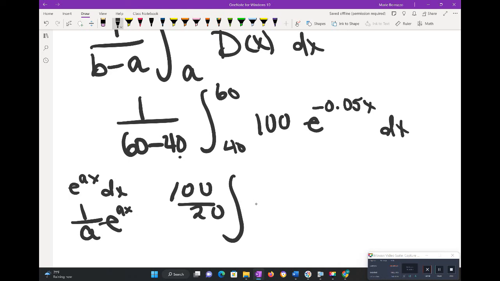So you end up with, you understand when I say the transformation of the function, I'm referring to the 100. Notice that there's no 100 here anymore, just in case I'm skipping steps. So 0.05x dx.